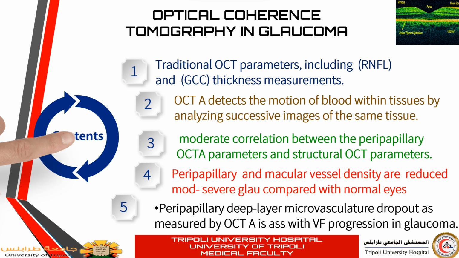Another thing, the peripapillary and macular vessel density are very important in following moderate to severe glaucoma. You will find changes in the capillary density in the peripapillary area as well as in the macular area. And in severe glaucoma, along with the visual field progression, you will find significant changes in the peripapillary deep layer microvasculature dropout.